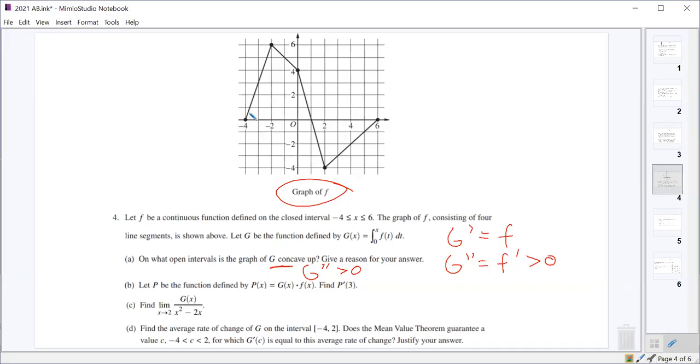So positive slope up here, -4 to -2, and positive from 2 to 6. Everybody good with that? -4 to -2 or 2 to 6? Any issues there?